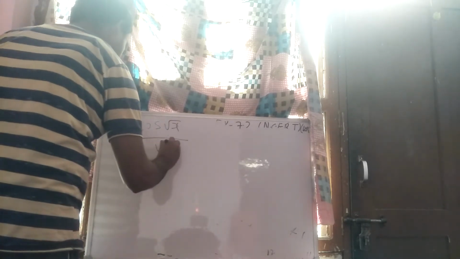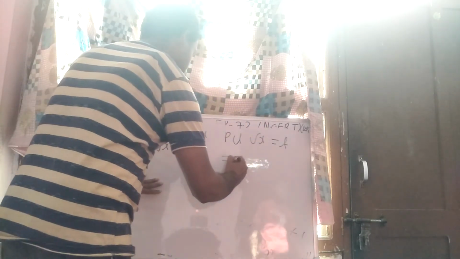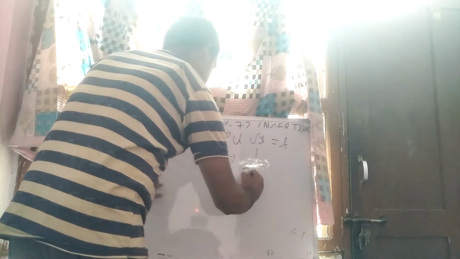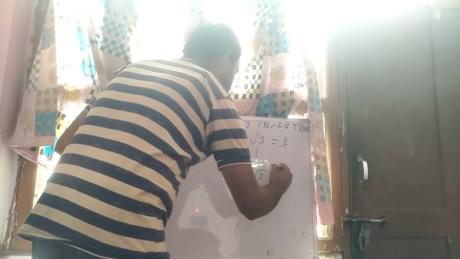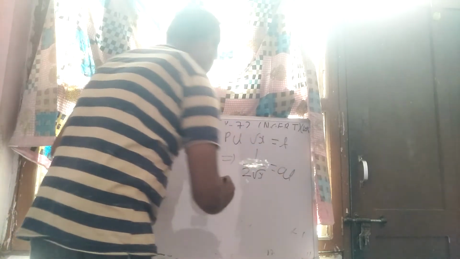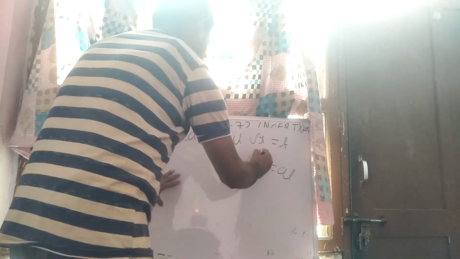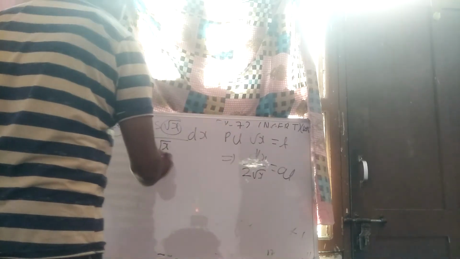Next: cos root x upon root x into dx. We have to put root x equal to t. We also know that 1 upon 2 root x dx equal to dt. So dx upon root x means 2 dt.